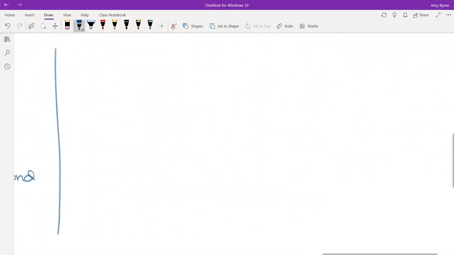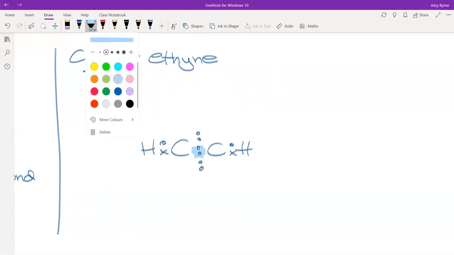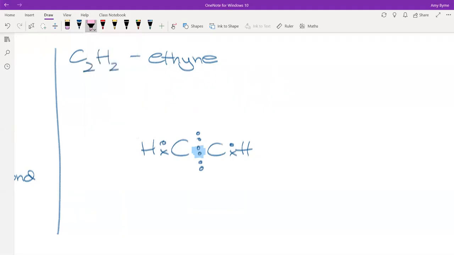Hopefully you can see the pattern I'm going for here when I draw. This is ethyne, which has 3 shared pairs of electrons.